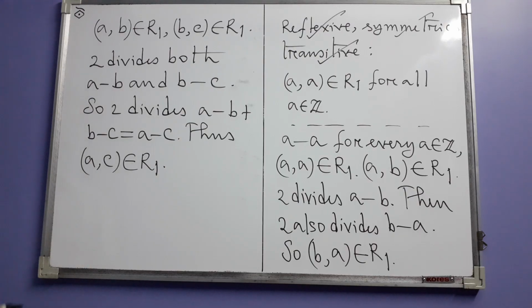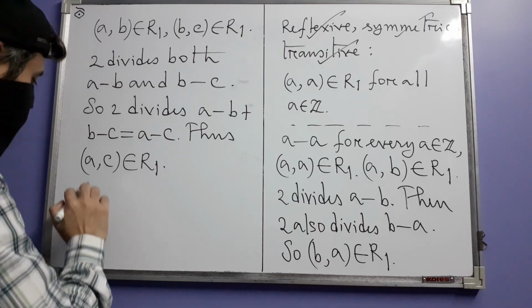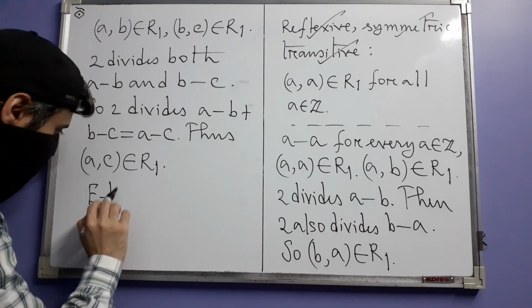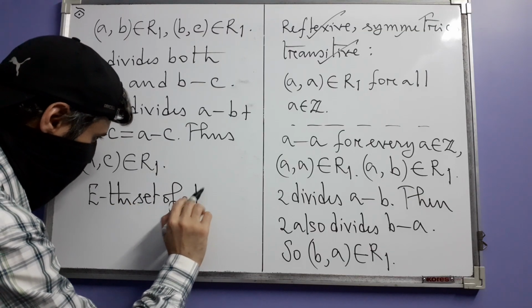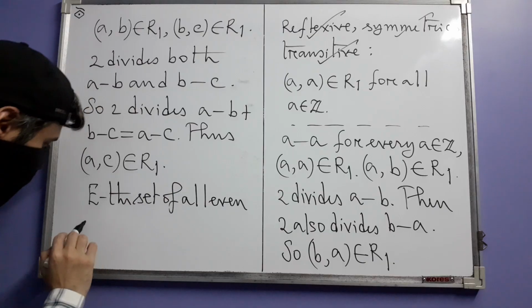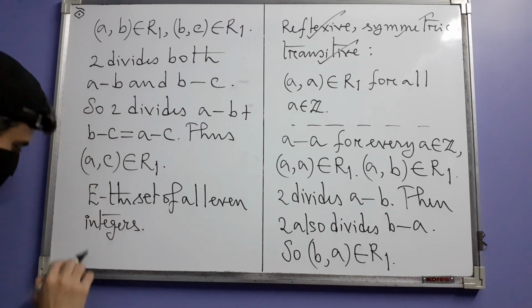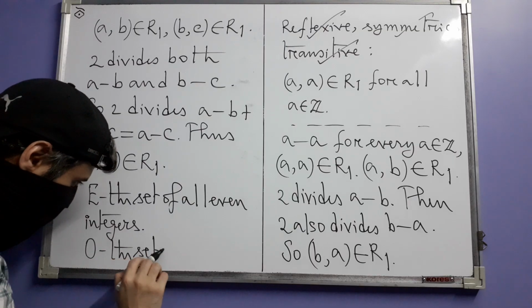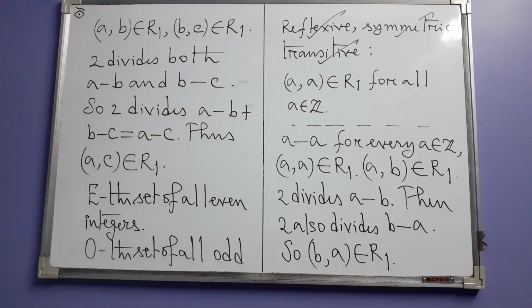Now let us consider 2 special sets. One of them is E, the set of all even integers, and the other one is O, the set of all odd integers.